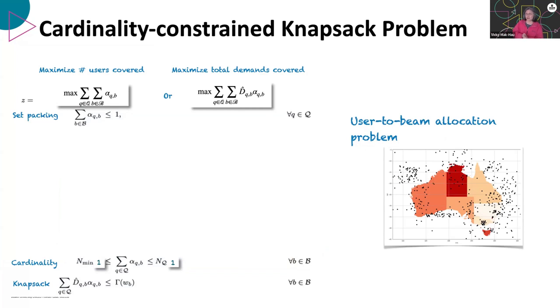So the blue problem, here's just another slide. It has a simple set packing constraint, two sets of cardinality constraints and a NASAP constraint. Remember I mentioned earlier that the NASAP constraint is a bit of a chicken and egg constraint. The reason is that the capacity of the beam is something we wanted to capture through the carrier to noise ratio.